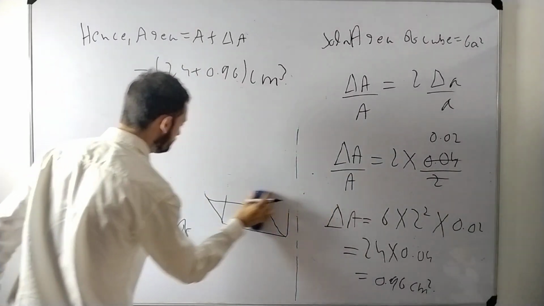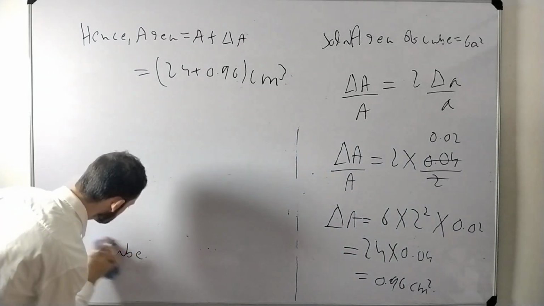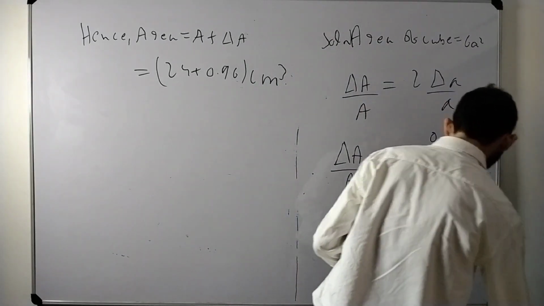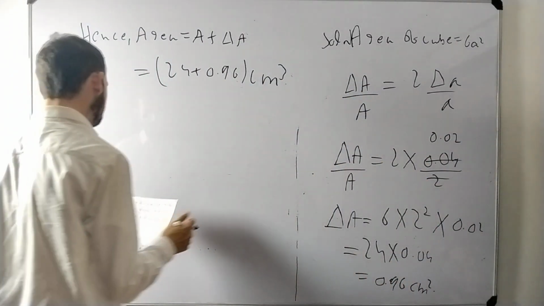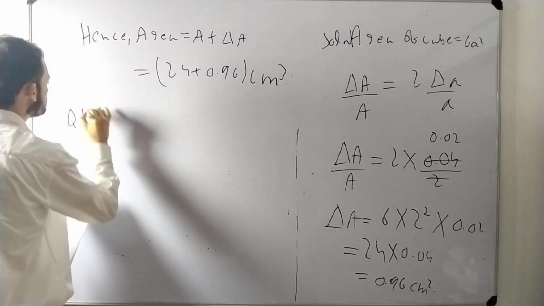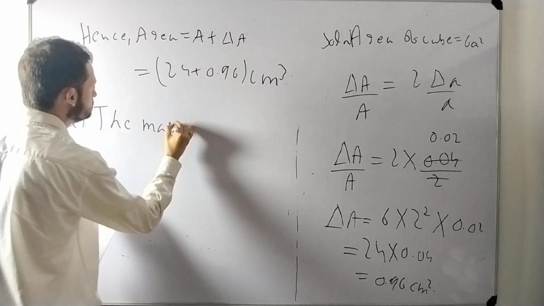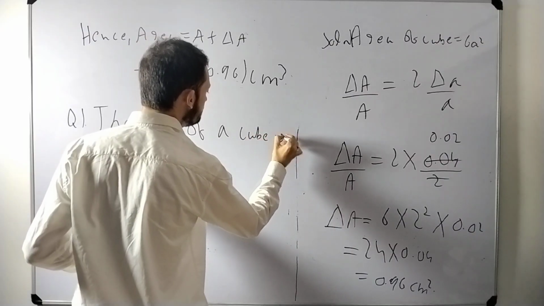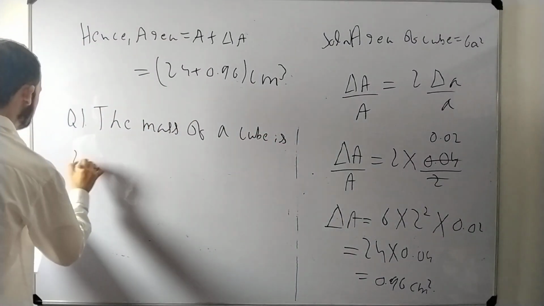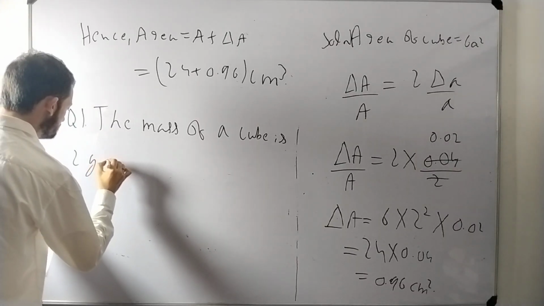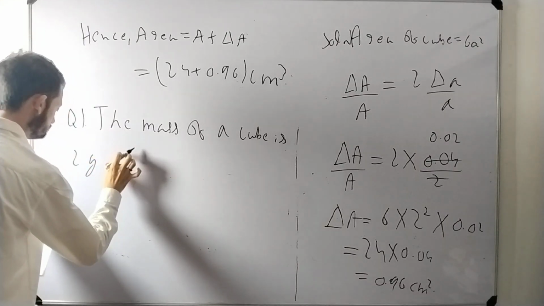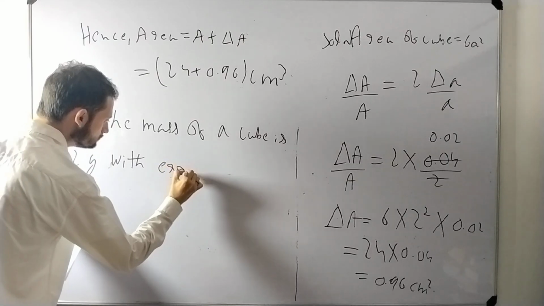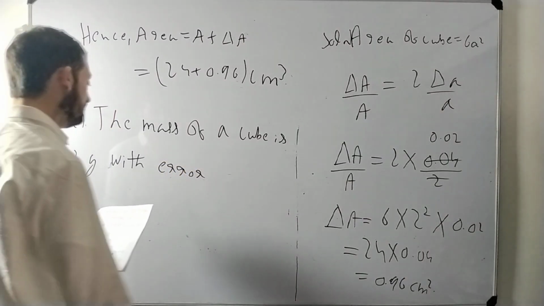Of the question. The mass of a cube is 2 gram, with error of 0.2 gram.